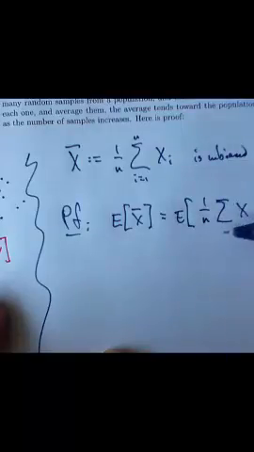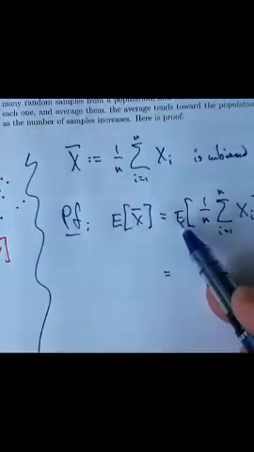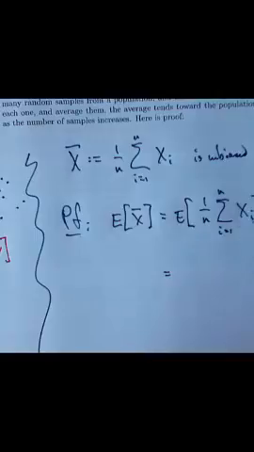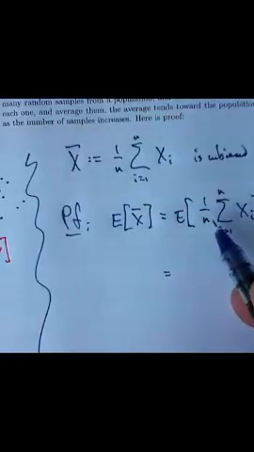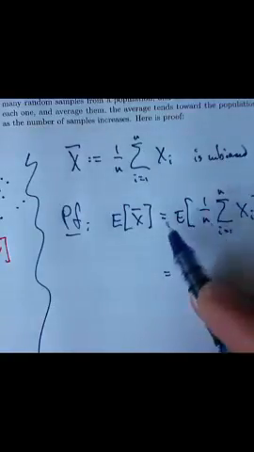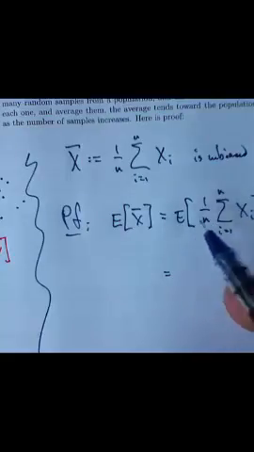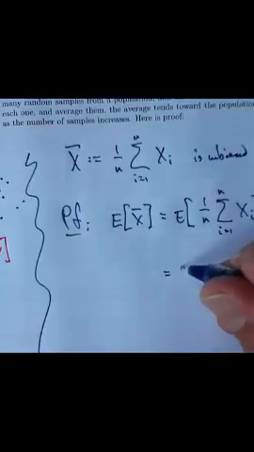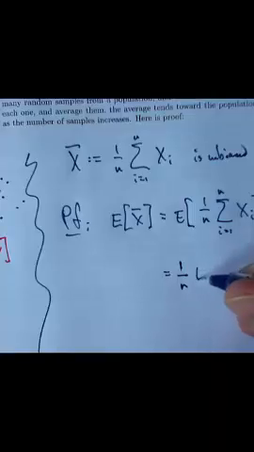Remember, when you take the expected value of something, it's really the sum of these things weighted against the probabilities, or the integrals of those things. So when you do that, you can pop this constant out of the summation and get 1 over n times the expected value of the sum.